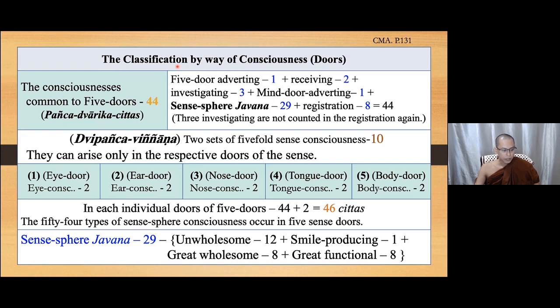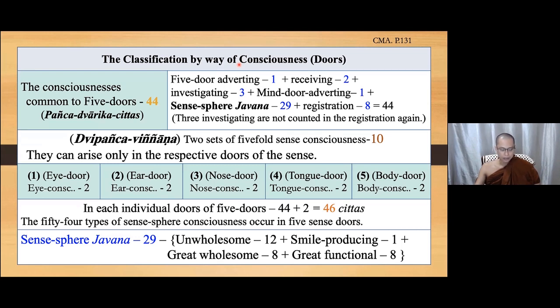So here in the Abhidhamma Sangaha, especially in the Dvara Sangaha, the first thing mentioned is that the Abhidhamma Sangaha enumerates the types of consciousness that arise through each door. That is why it is called the classification by way of consciousness. So the Abhidhamma Sangaha first enumerates the consciousness according to the door.